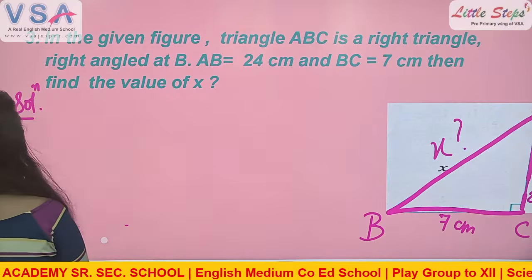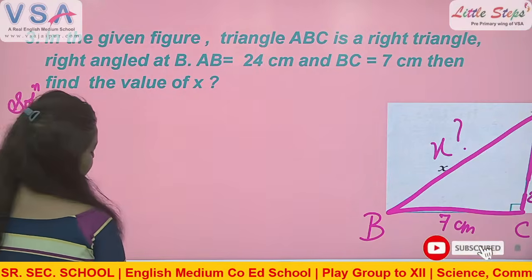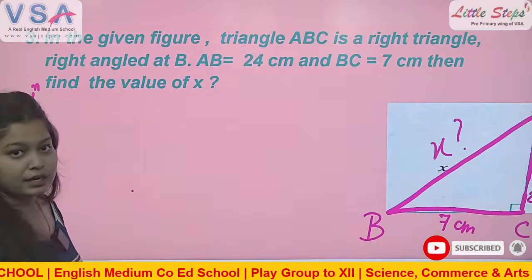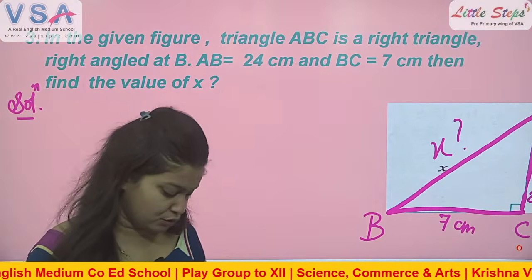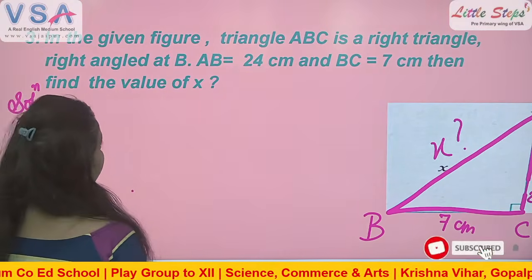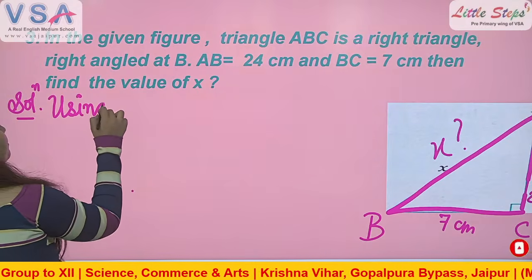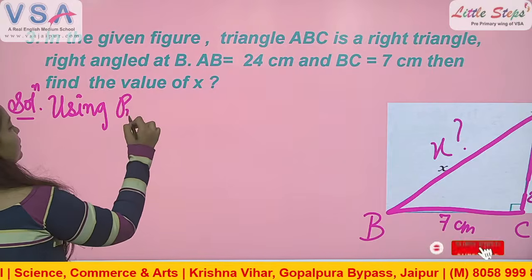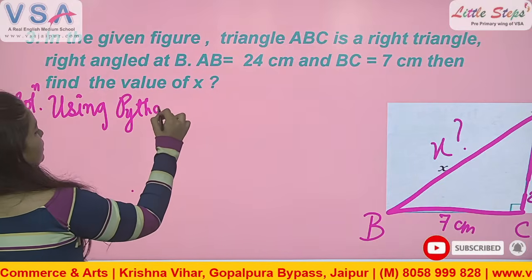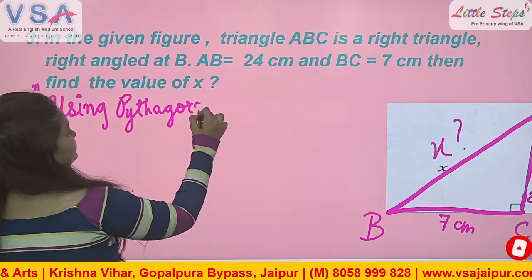It's a triangle question, and specifically the triangle is a right triangle. If the triangle is a right triangle, what do we need to do? In a right triangle, we use the Pythagoras theorem.